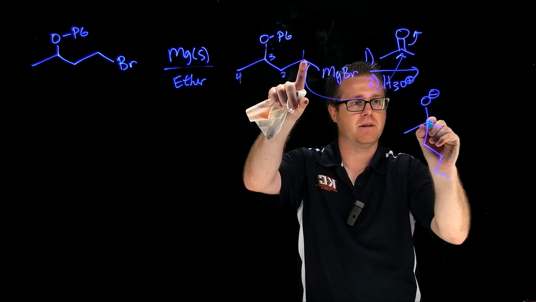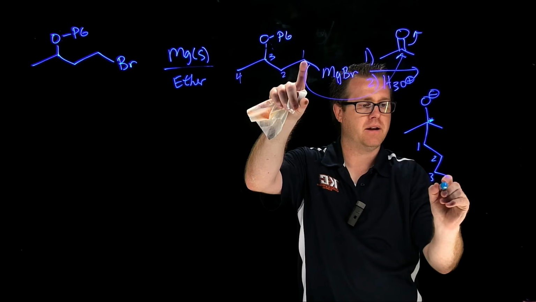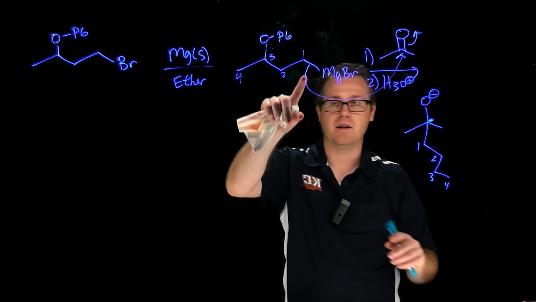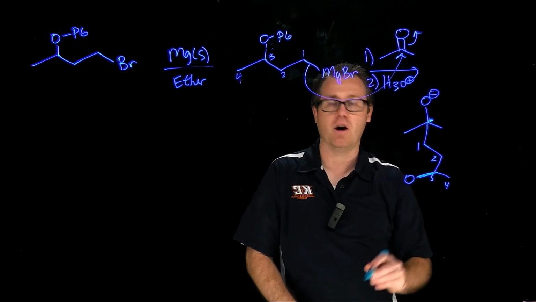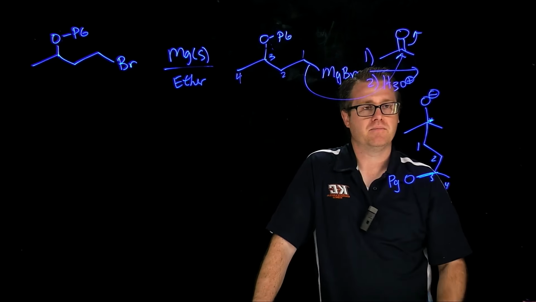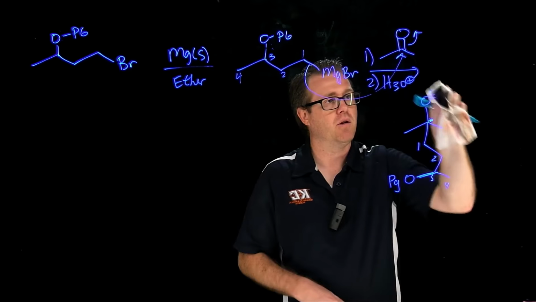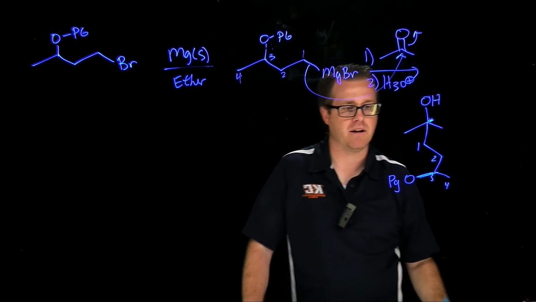So that's the carbonyl that I'm starring. So that would have to be carbon 1, 2, 3, and 4. And then I received the numbering scheme here that on carbon 3 we have the OPG, like so. And then step 2 right here is going to do the acidic workup, which would then protonate that alkoxide to generate our alcohol.